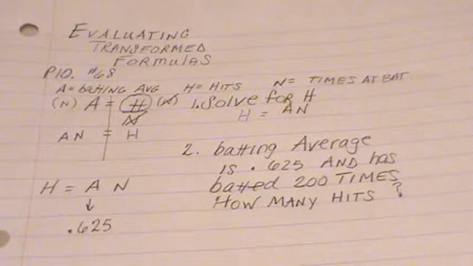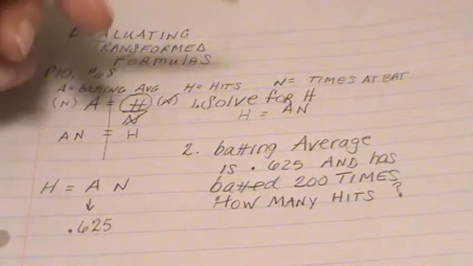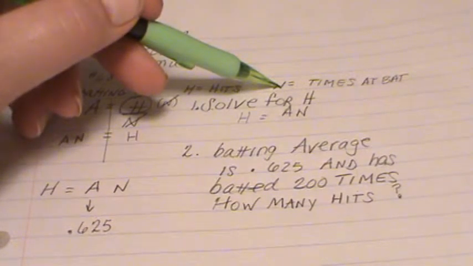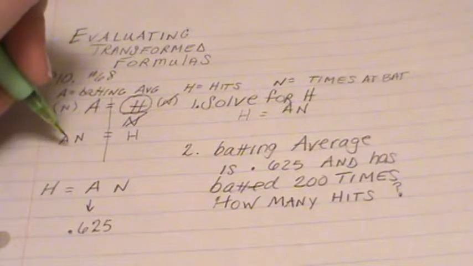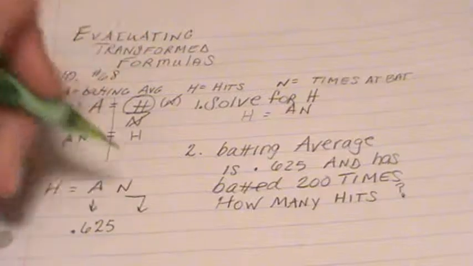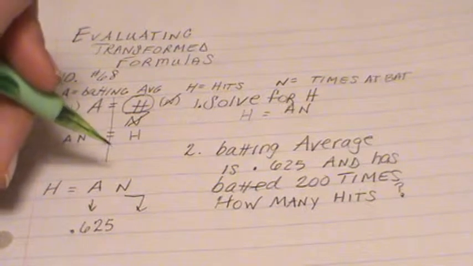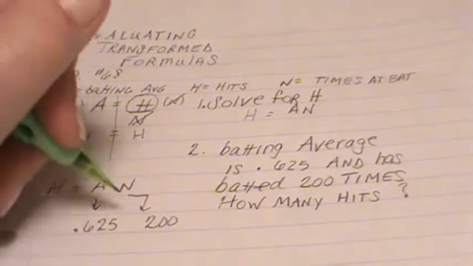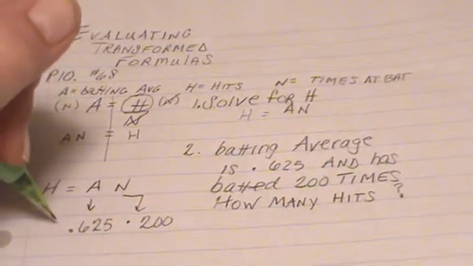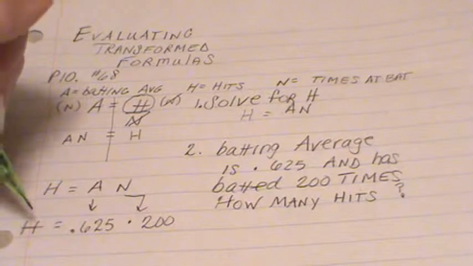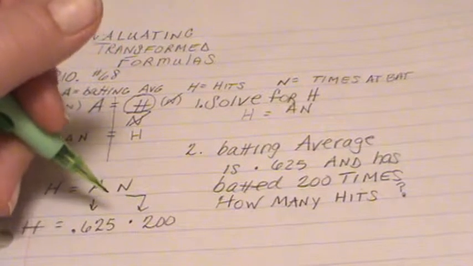We also know that he batted 200 times. N represents the number of times that he batted. So where N is, we are going to replace that with 200. This is multiplication. So for me to find H, I now need to multiply those two together.